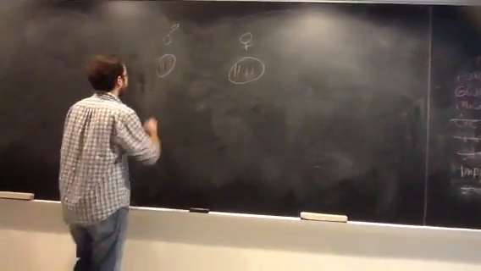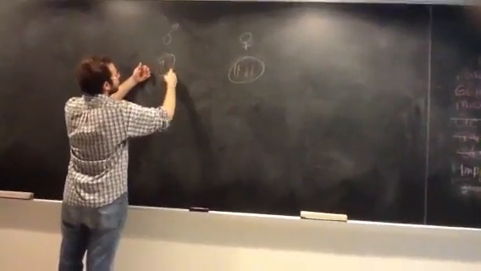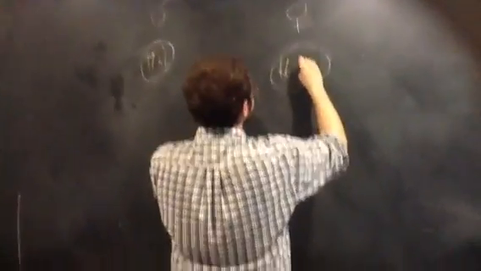So let's say in the male, this orange chromosome gets silenced here, and this pink one gets silenced here. And in the female, the orange gets silenced here, and the pink gets silenced here.